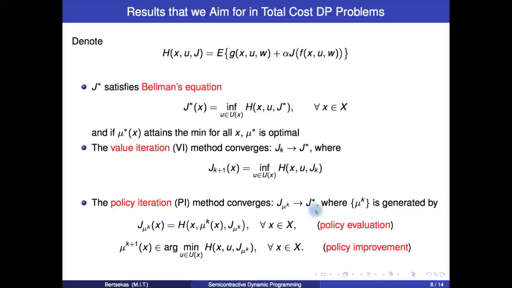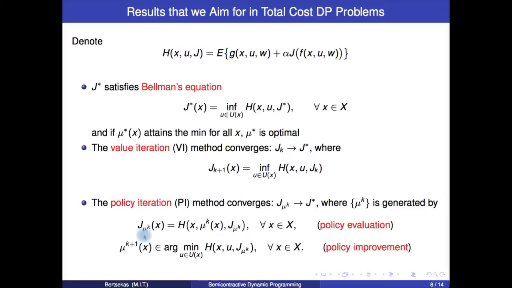Now, the way we go from mu k to mu k plus 1 is a two-part process at each iteration, whereby given the current policy mu k, we evaluate it. In other words, we find its cost function by solving the corresponding Bellman's equation.